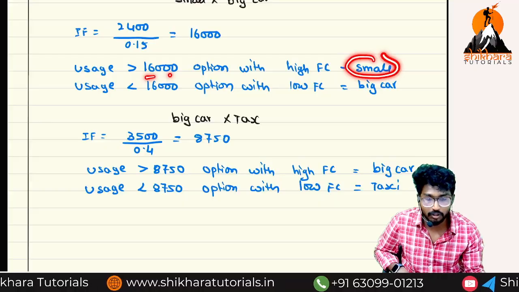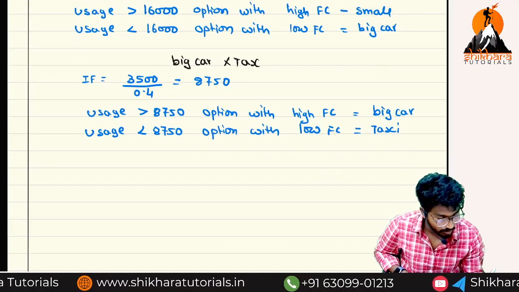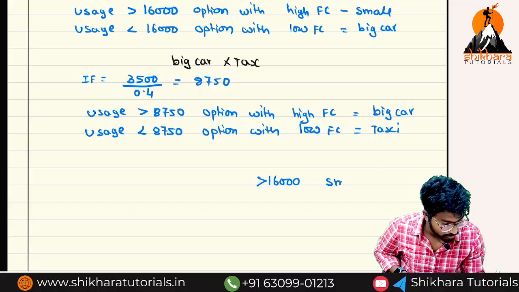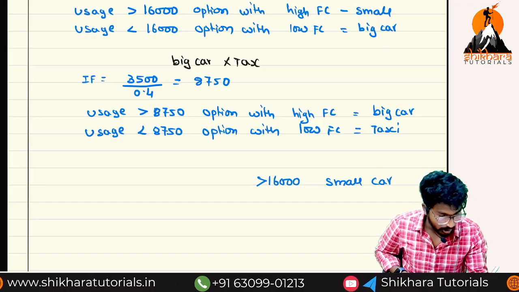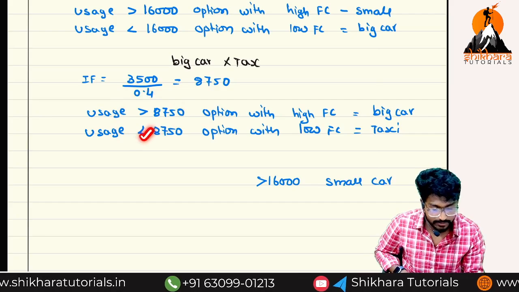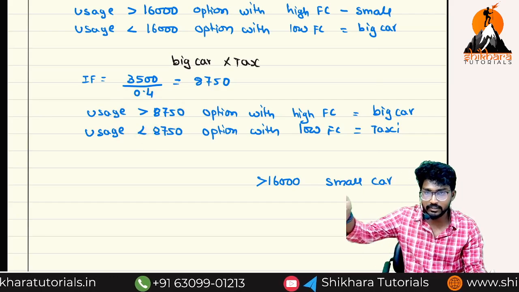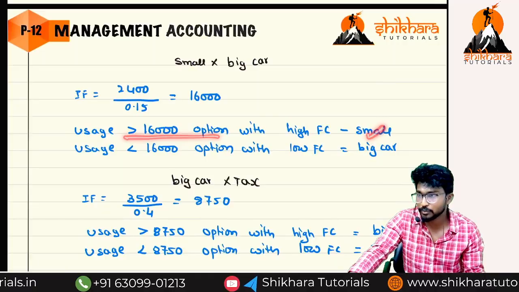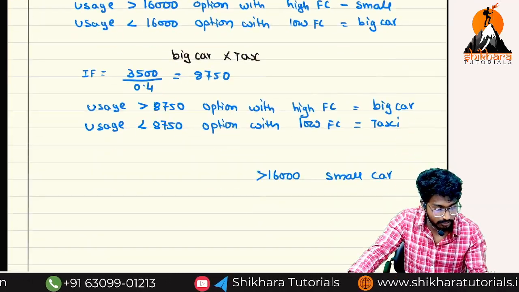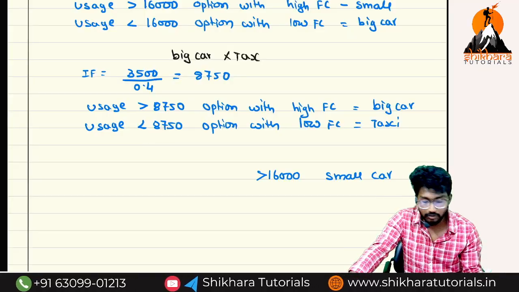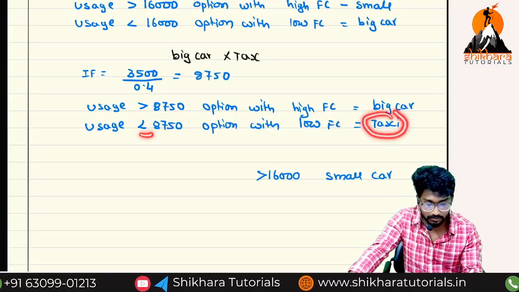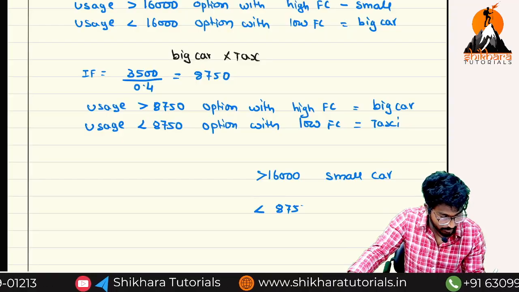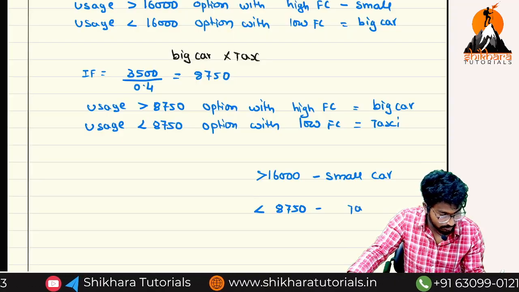Which one? Small car. At the lowest indifference point, take the less than value. At the less than value, which is best? Taxi. Now less than 8,750, taxi.